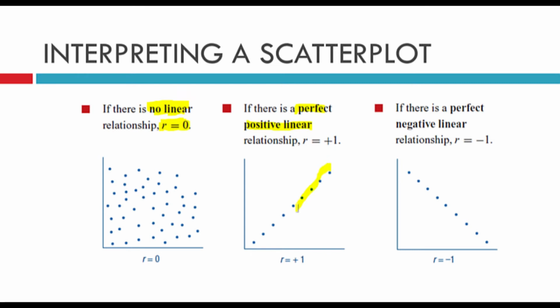Perfect because it's directly on a straight line. Positive because it's going up, and it is a straight line. So this is R equal to +1. And the other one shows a perfect negative linear relationship. You can see the graph is going down. And again, perfect for the same reasons as before. Negative because it's going downhill, so we say R equals -1.